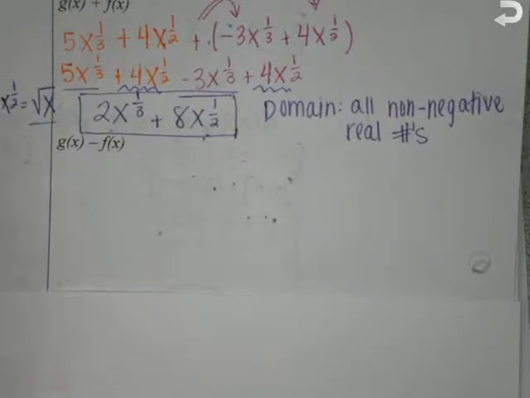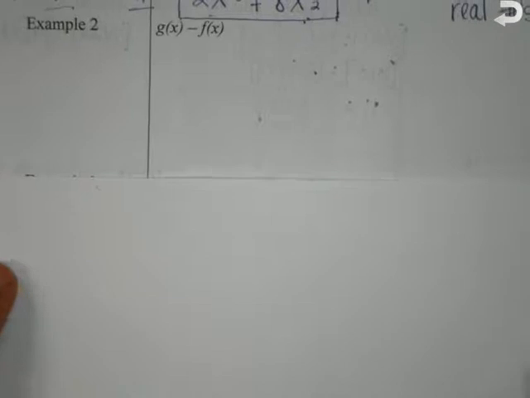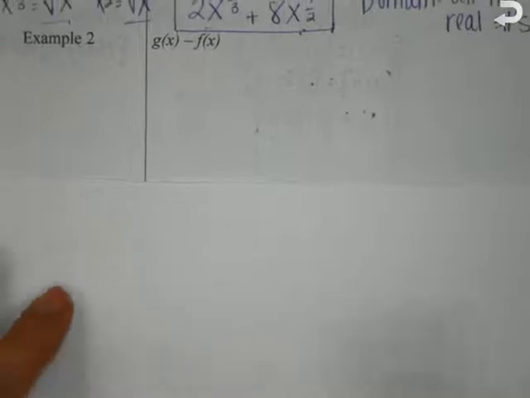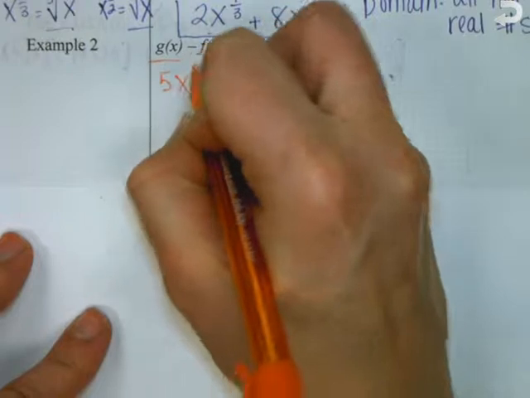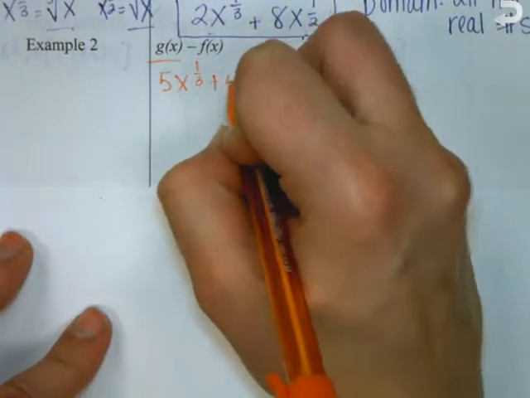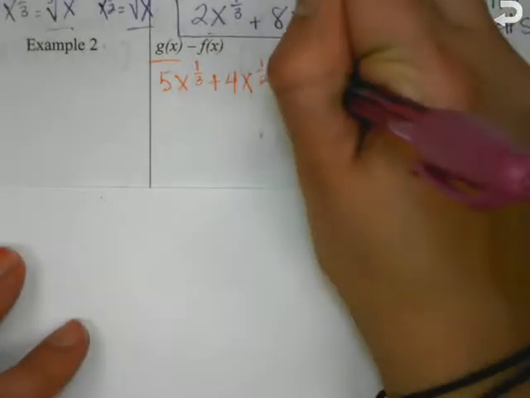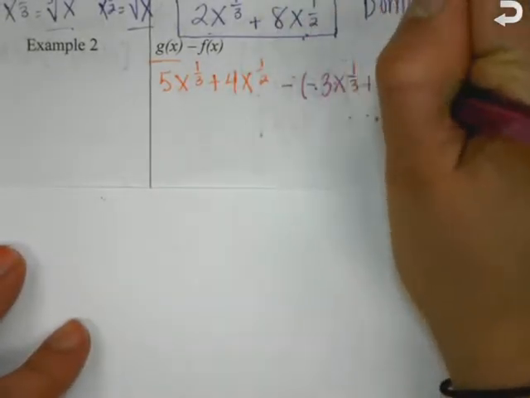So example 2, we are subtracting the same two functions. So we're still using that f of x and g of x that I just gave you, but this time we're subtracting them. So I'm taking g of x, 5x to the 1/3 plus 4x to the 1/2, and I'm subtracting negative 3x to the 1/3 plus 4x to the 1/2.